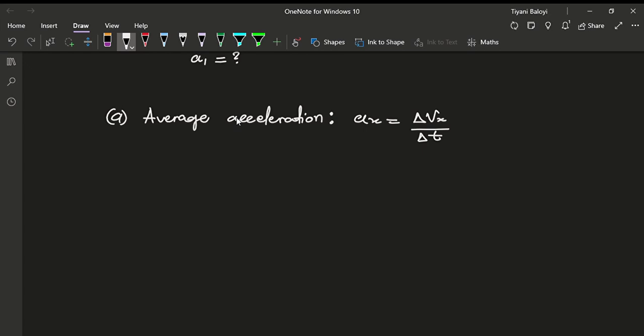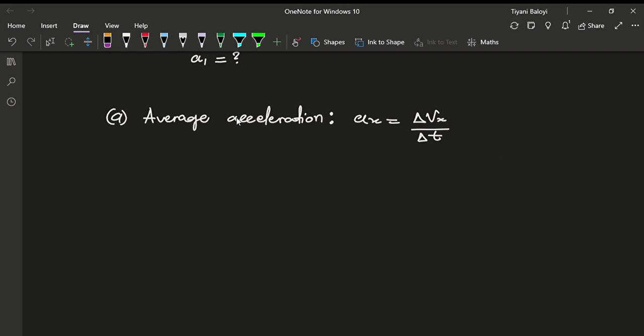If we're looking at dvx over dt, this will give us instantaneous acceleration, right? So this changes at every point. But this one is just an average over the 400 meters, but that one will be for each and every point, right? So that's the difference when you talk about average and instantaneous values.